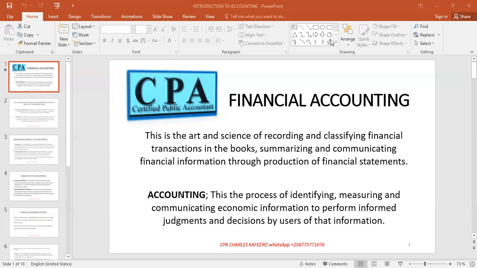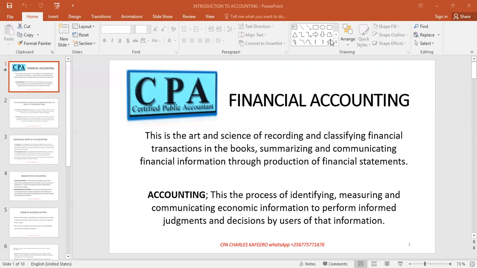Having recorded those raw facts and figures, you have to classify them depending on their similarities or groups, those having group names. Having classified the information, you make sure you summarize, because when you're communicating the information, it has to be a bit of a summary, so that even the person who doesn't understand accounting can get a clear picture of what you are really up to.